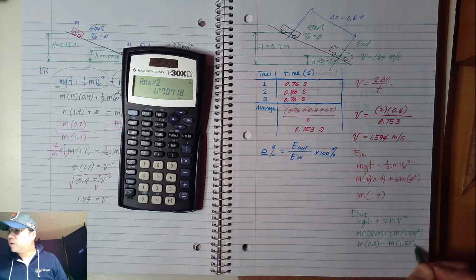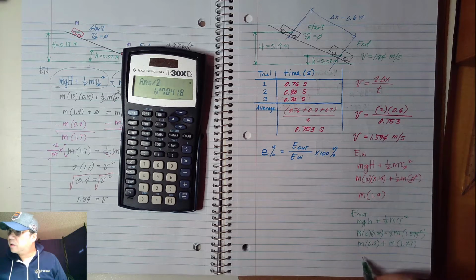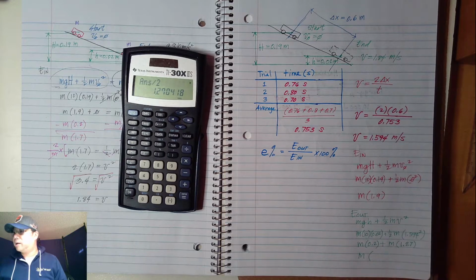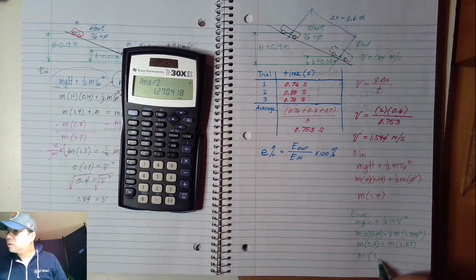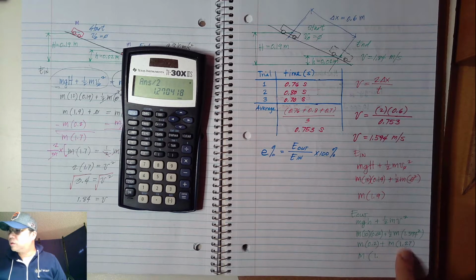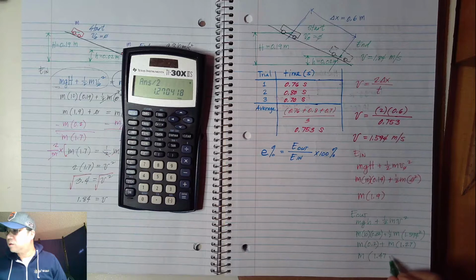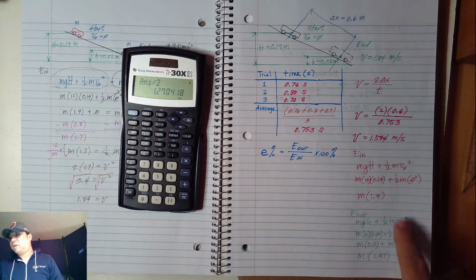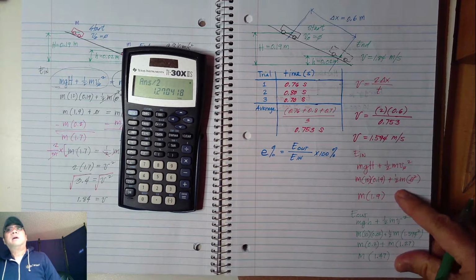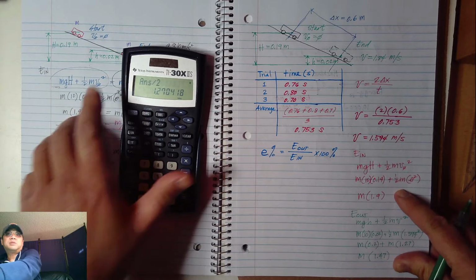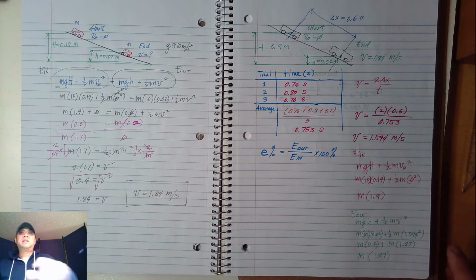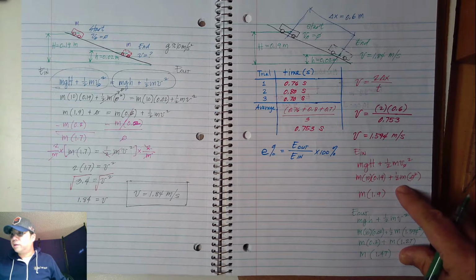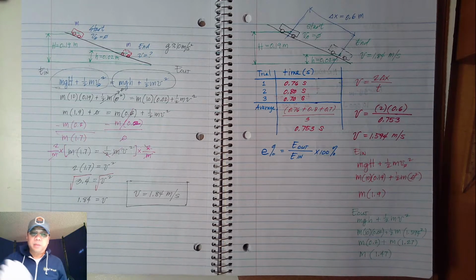So when you add those two numbers together, now we have a mass multiplied by 1.47 in terms of energy. So right away we know that the amount of energy is not the same. We can say that the efficiency is definitely not 100% based on this experiment.